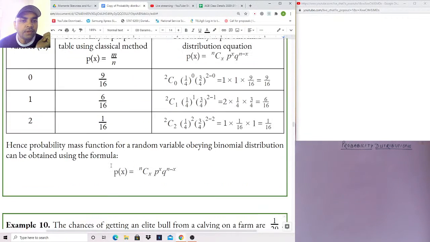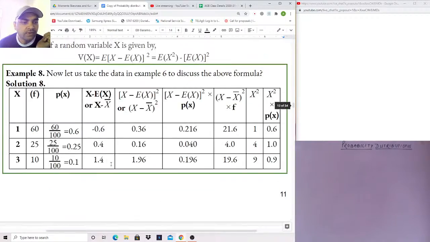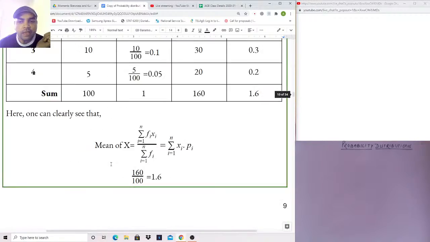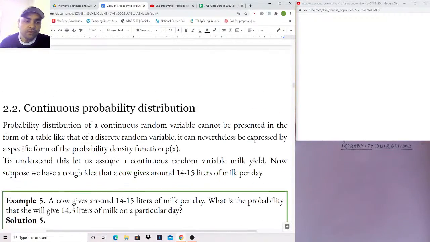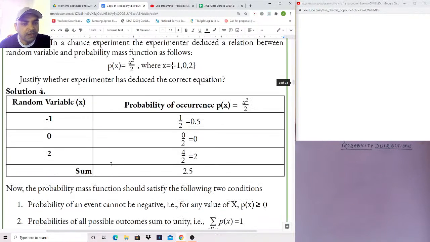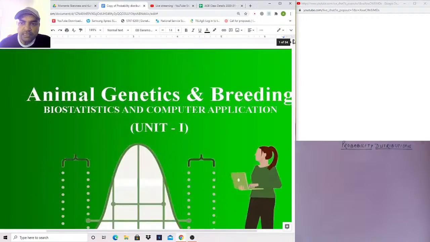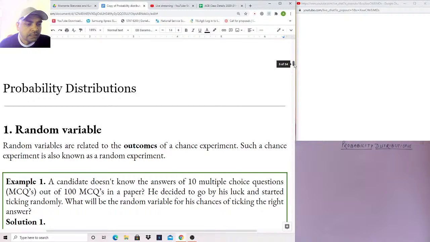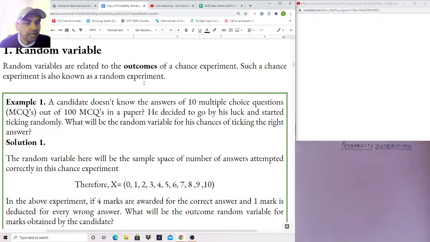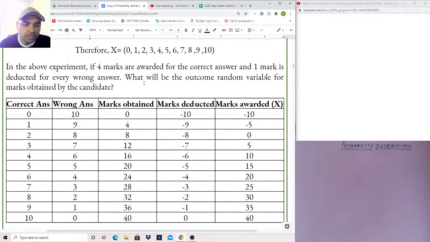Yesterday, we discussed the random variable, and the day before yesterday, we also studied the random variable. If I just recap what we have studied: we studied the definition of random variable, and I told you how to use random variables.